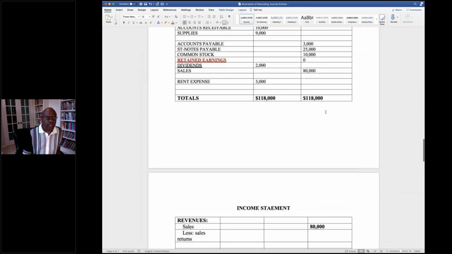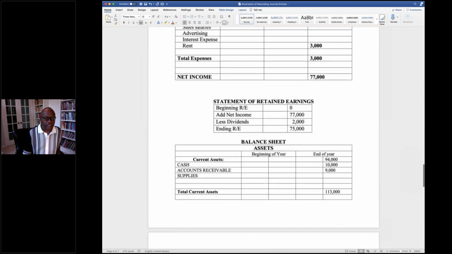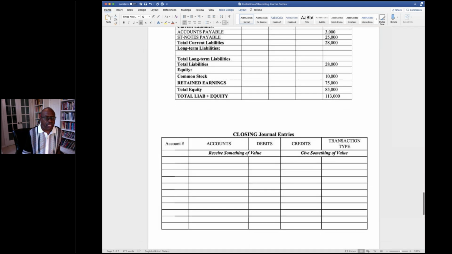We're going to go up here and close out the sales. So I'm going to go through here and put a strike in. And I'm going to debit sales.